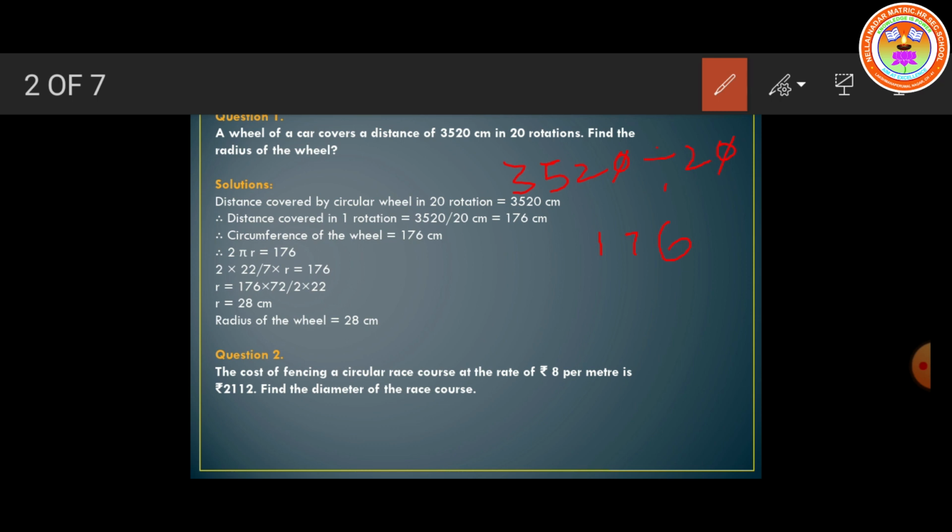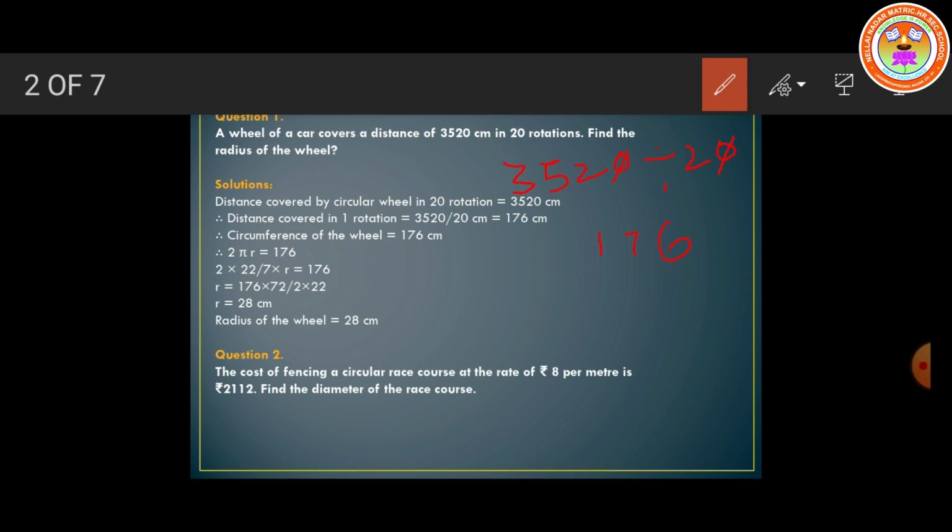How do you find the radius of the wheel? We know the formula for the circumference of the circle: circumference is equal to 2 pi r. Here the radius is what you have to find.